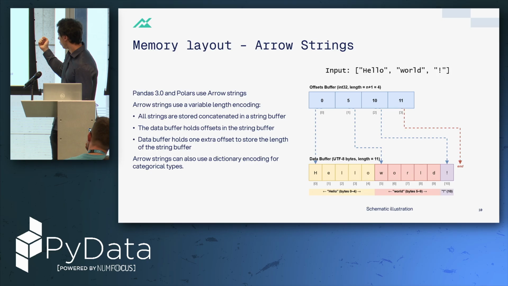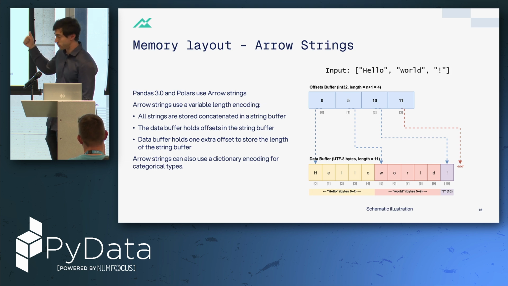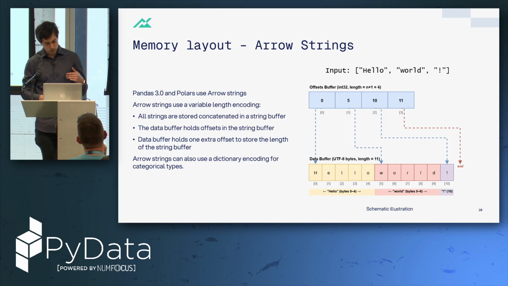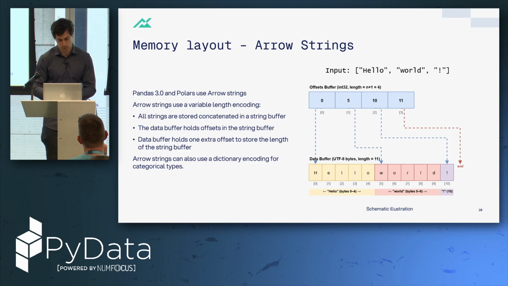So if we want to read the second string, world, we look at the second element at index 1 in the offsets buffer, which is 5. So we can start reading from 5. And when do we stop reading? We stop when we reach 10, which is the place where the next string starts. An important note there is that since we need to know the end of the last string as well, the number of offsets is actually 1 element more than the number of strings in the buffer.